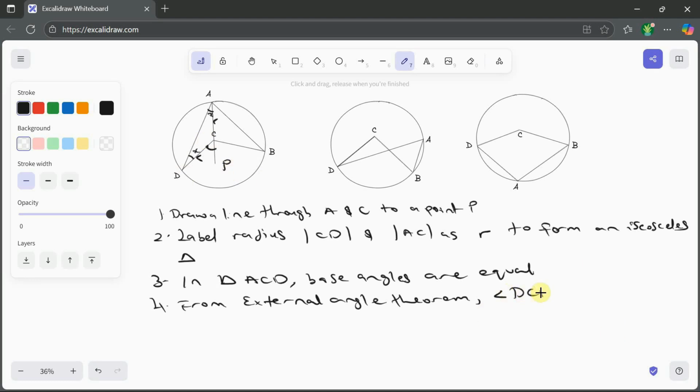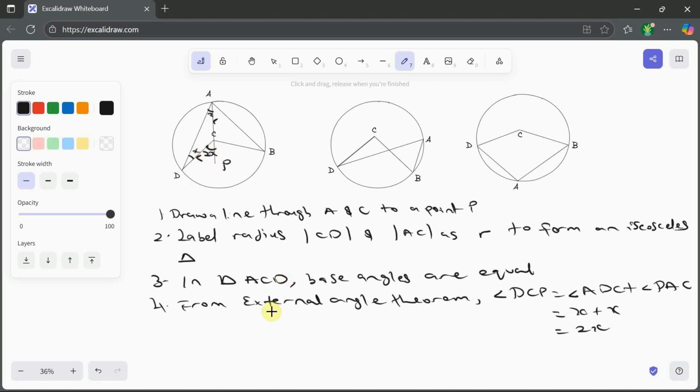Angle DCP is equal to angle ADC plus angle DAC. This guy here is X, this guy here is X, so that would be X plus X, which is equal to 2X. So angle DCP is 2X.